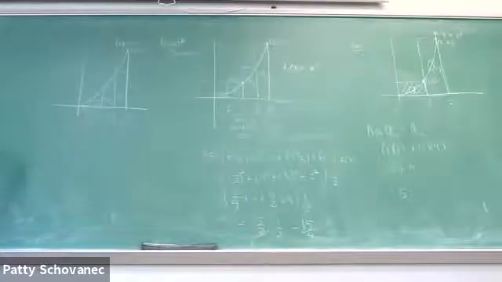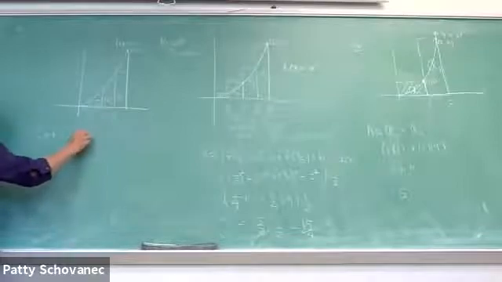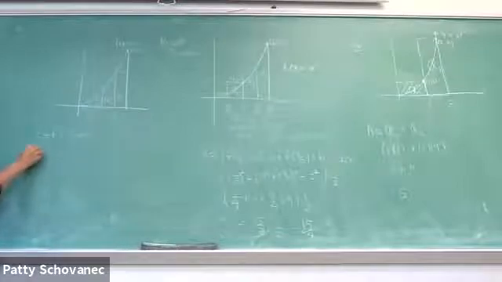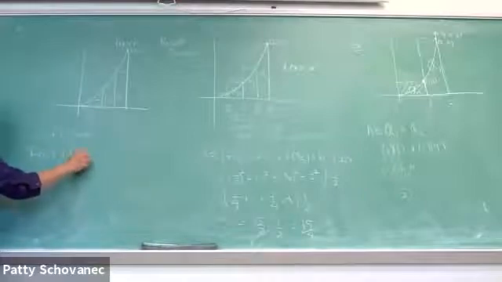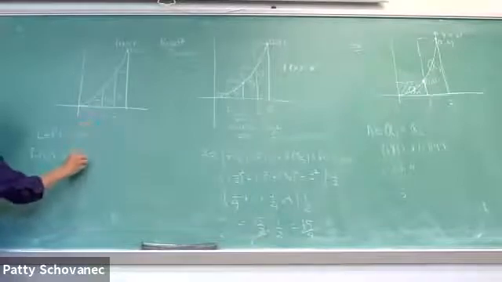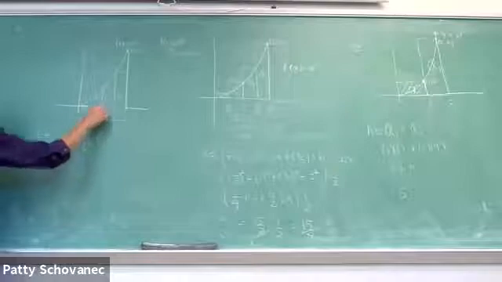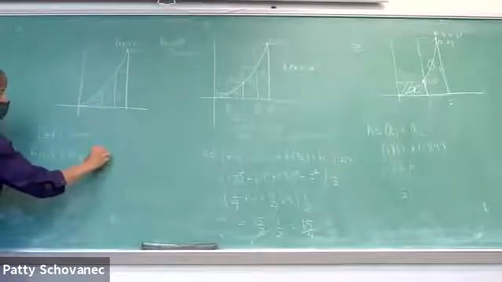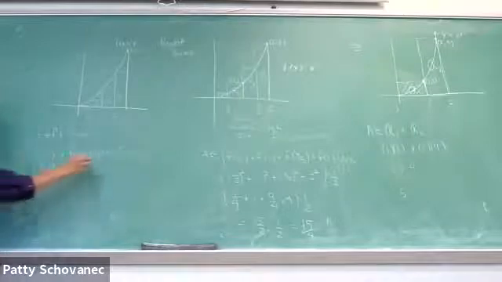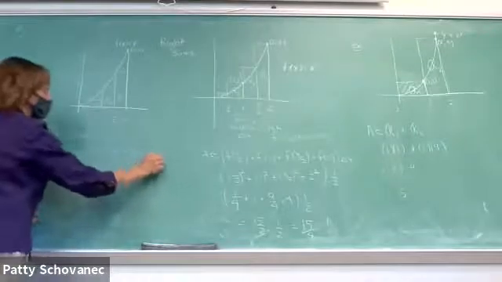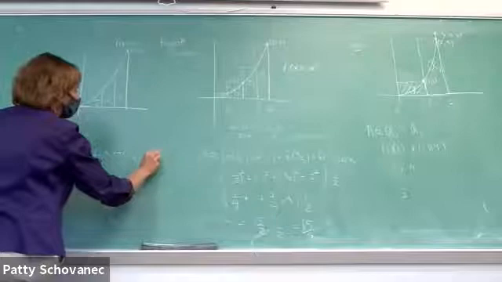So this left sum gives me f of 0 plus f of 1, I'm sorry, plus f of 1/2, plus f of 1, plus f of 3/2, and all of them times that fixed width of delta x.